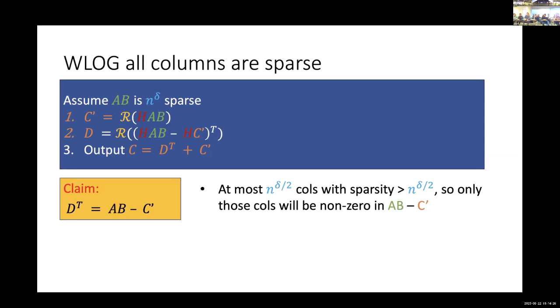If every column had sparsity greater than n to the delta over 2, then when I compute AB minus C, those will all become non-zero, right? So how many such columns can I have? At most n to the delta over 2. So that means for the rows of this matrix, I can only have n to the delta such rows. Then for my second step, I just have to work on the transpose, and each row has fixed sparsity. Sorry, what is C prime? C prime is just the first recovery. So I first compute.